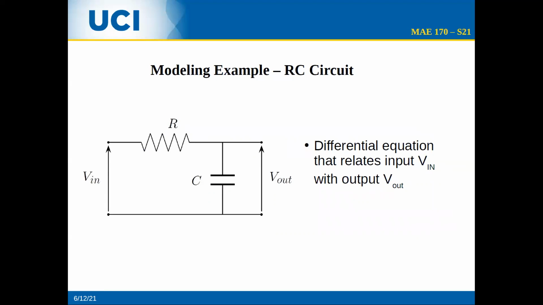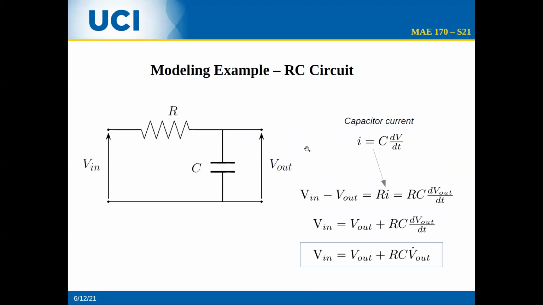We want to know how the system behaves before we design the controller. So we have to come up with an equation that describes the output and correlates the output with the input. So in this case, we have, using the capacitor current, I equals C times dV over dt.